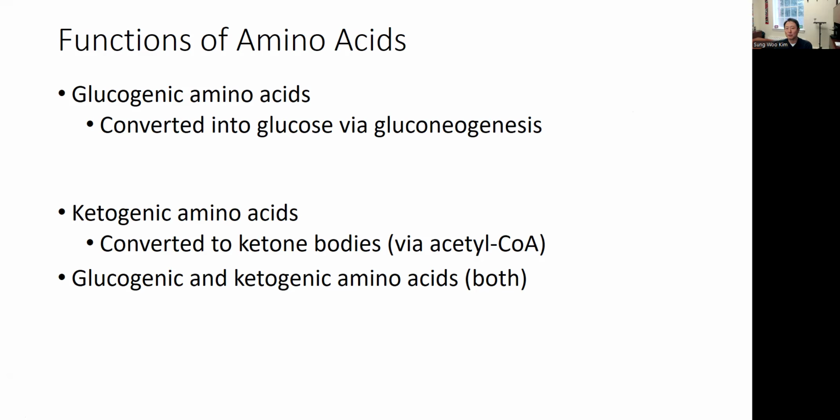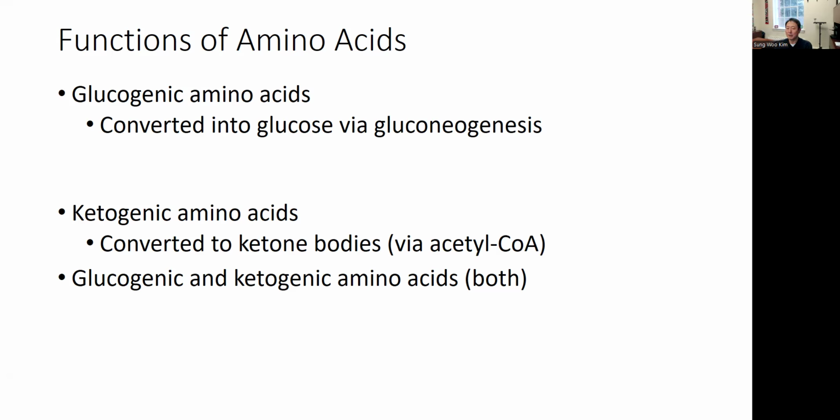Some amino acids are grouped as glucogenic amino acids because when they're catabolized or oxidized, they are eventually converted into glucose through gluconeogenesis. Whereas a few others are ketogenic amino acids because when they're catabolized, they are eventually converted to ketone bodies as they go through acetyl CoA.